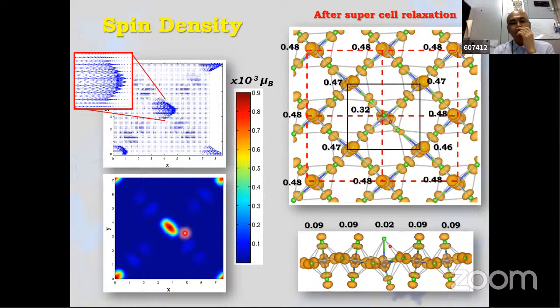But honestly speaking, the real situation is completely different. In the real situation, the magnetic moment is distributed following the density distribution of electrons. This is a high-Tc case.